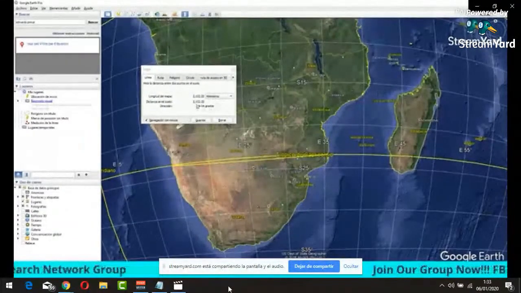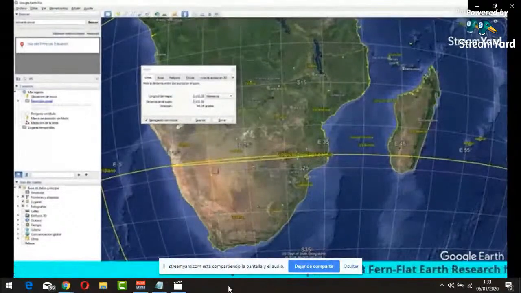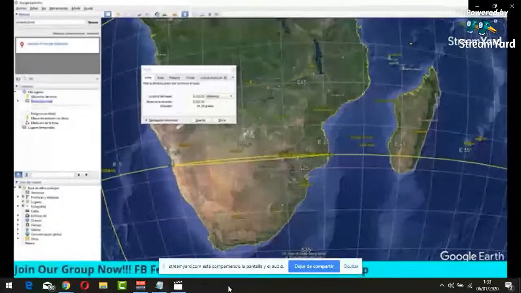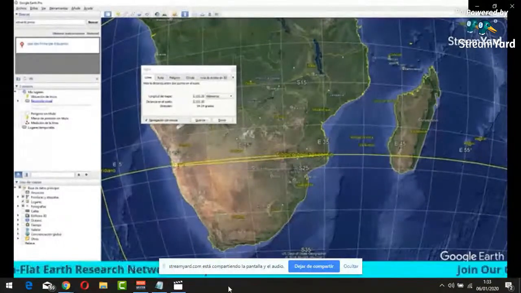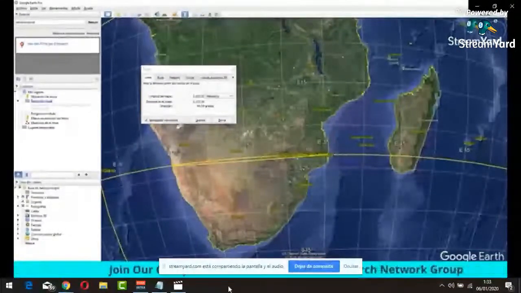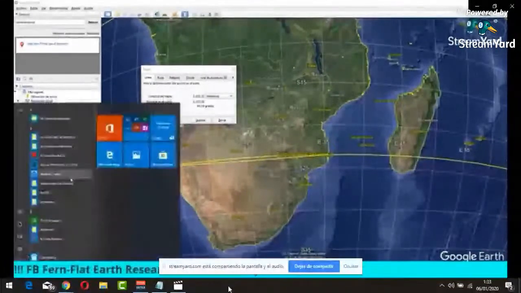So this is very interesting. 2000 kilometers is the size of Africa according to Google Earth, and 1 hour 26 minutes is the time that the sun took.